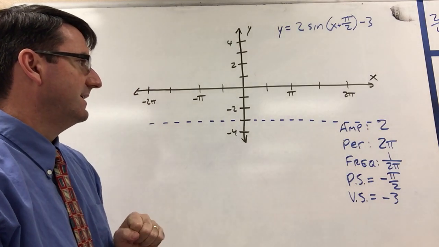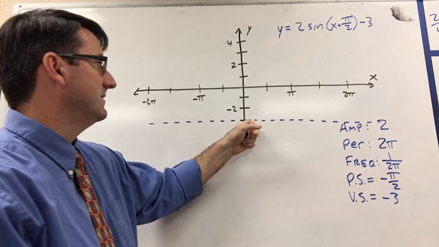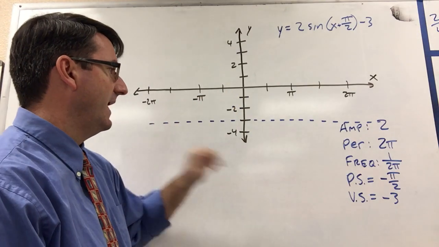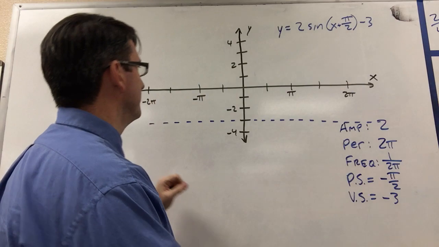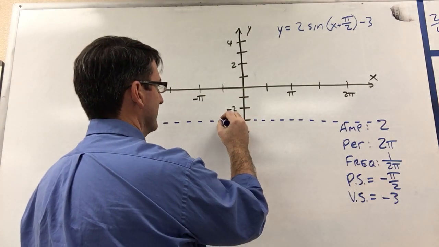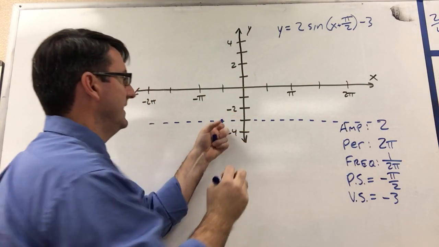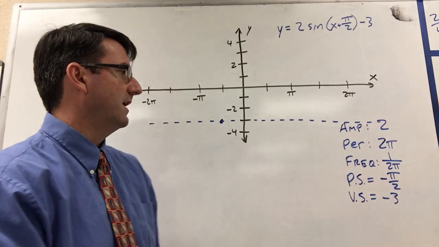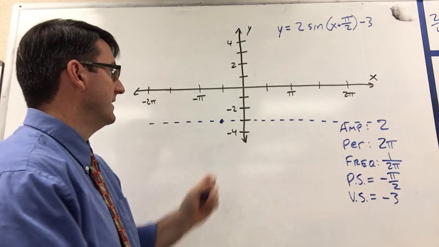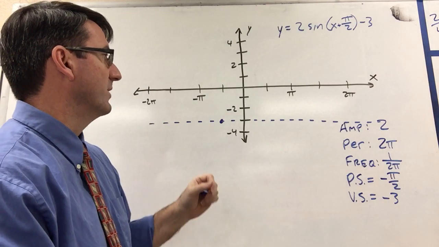And then sine starts at the midline, and it's going to start wherever our phase shift is. So our phase shift is at negative pi over 2, so that's right here. So we'll start on the midline at x equals negative pi over 2. That's going to be our starting point.